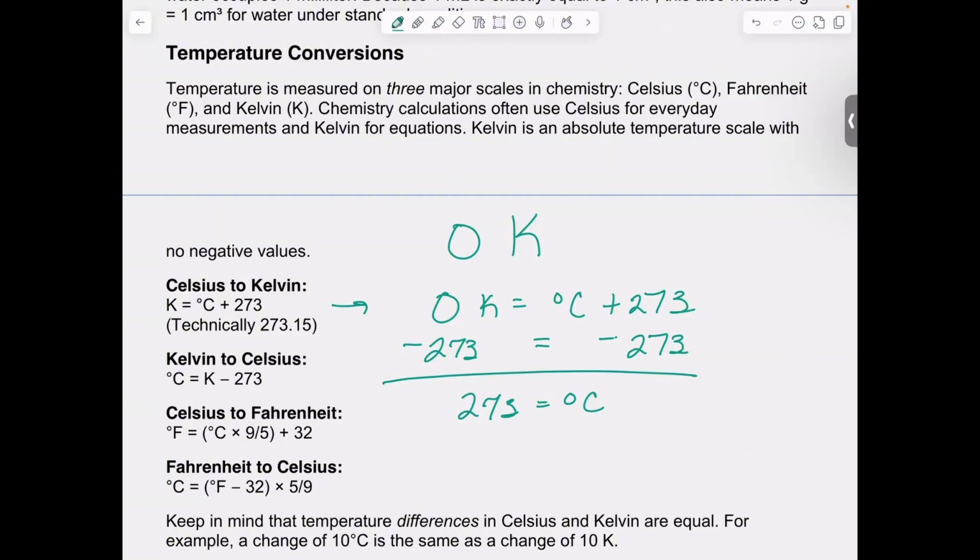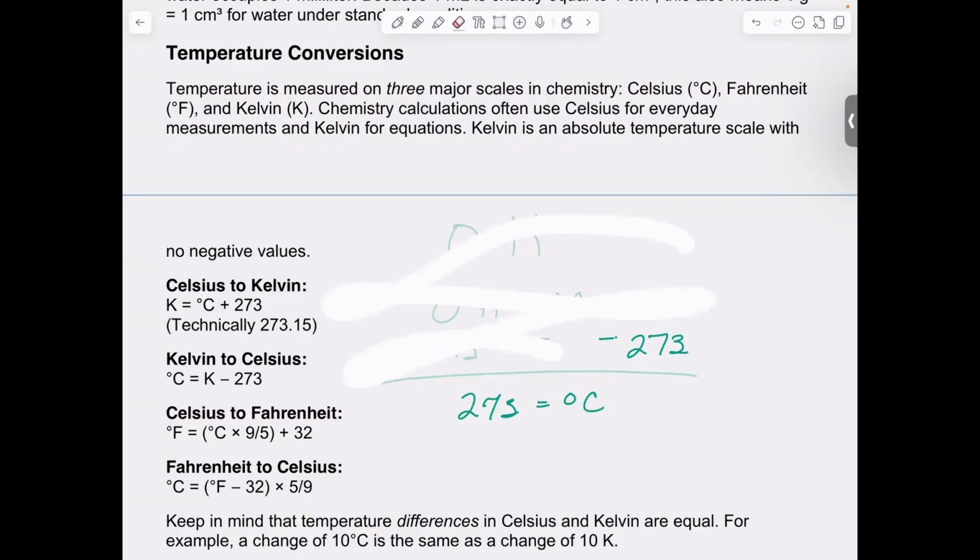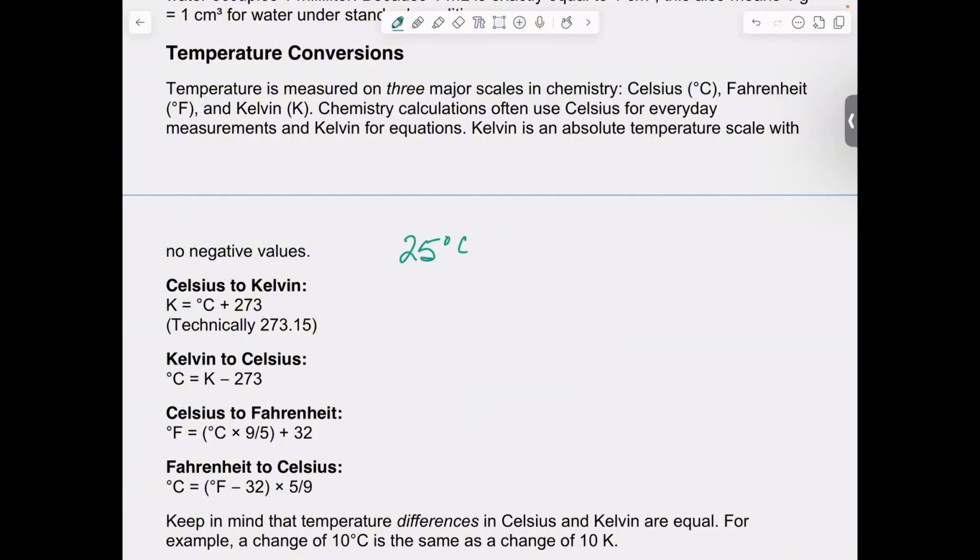But a lot of times, a common example, and I'm just going to erase this real quick, room temperature we typically say is 25 degrees Celsius. And if I'm using this in maybe a gas law equation, I need to convert that to degrees Kelvin. So what is that in Kelvin?